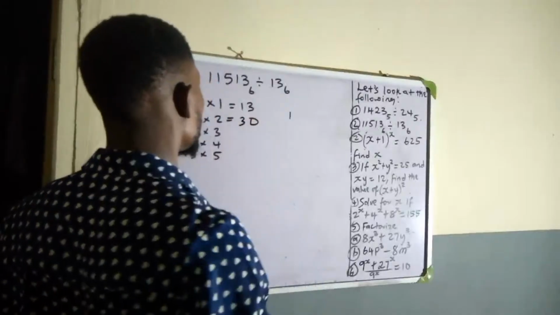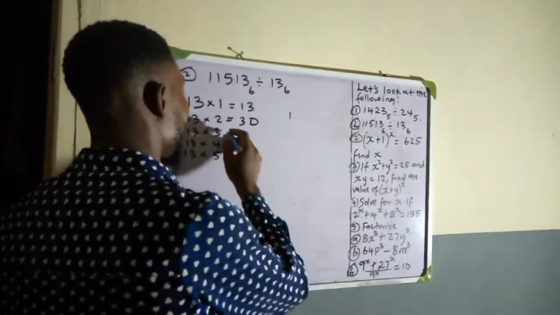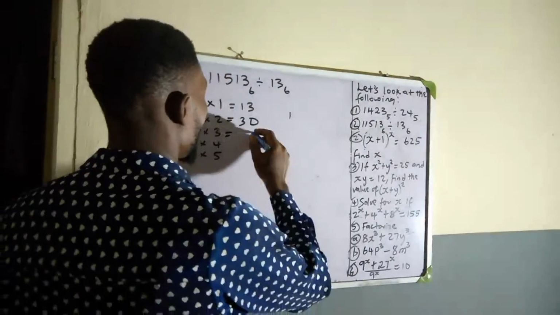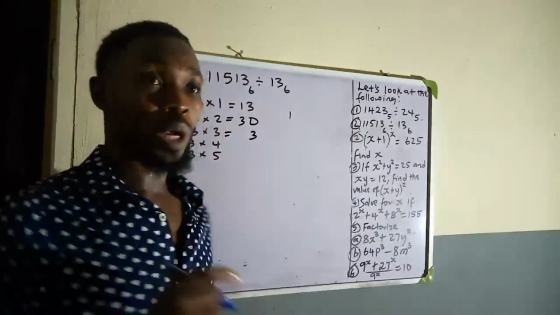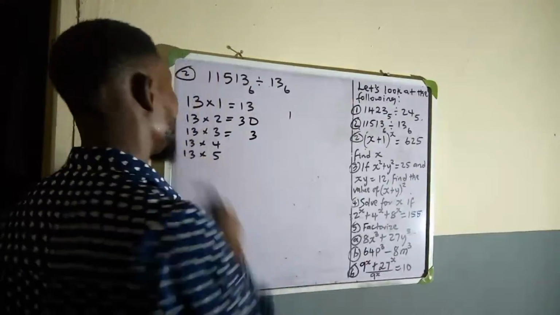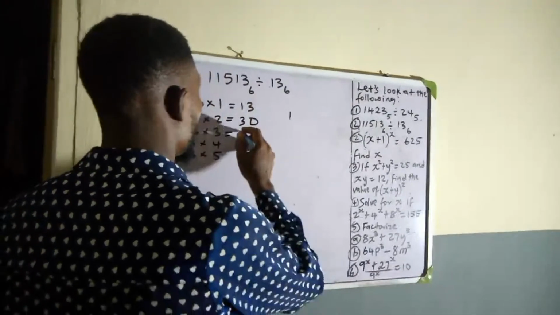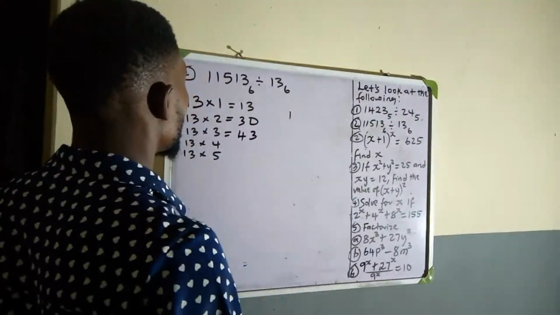So we have 3, that is clear. 3 times 3 is 9. 9 in base 6 is 13. We write 3, carry 1. 3 times 1 is 3, plus 1 is 4. That gives us 43. This is in base 6.